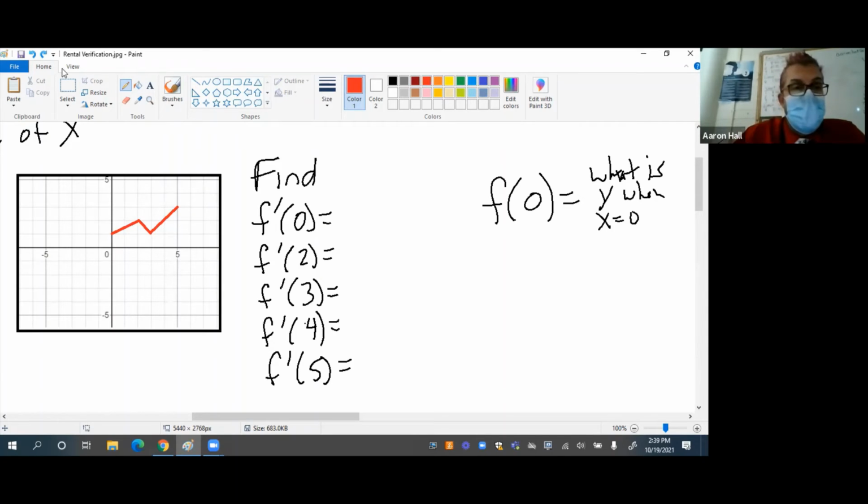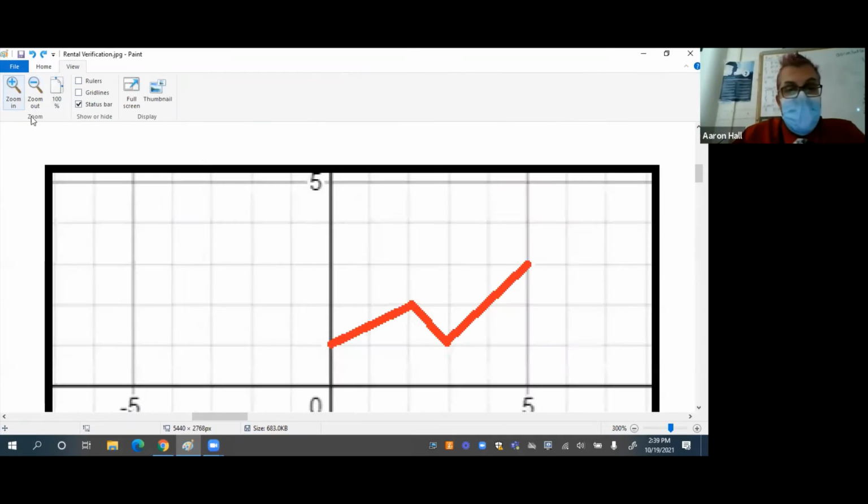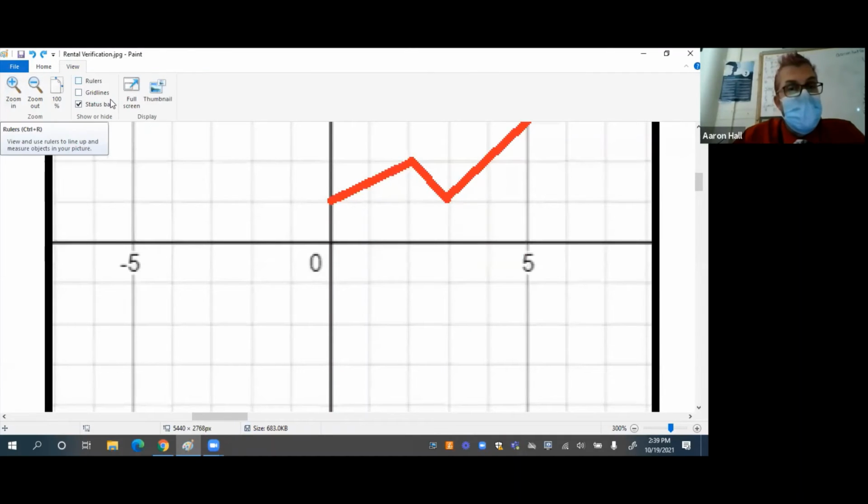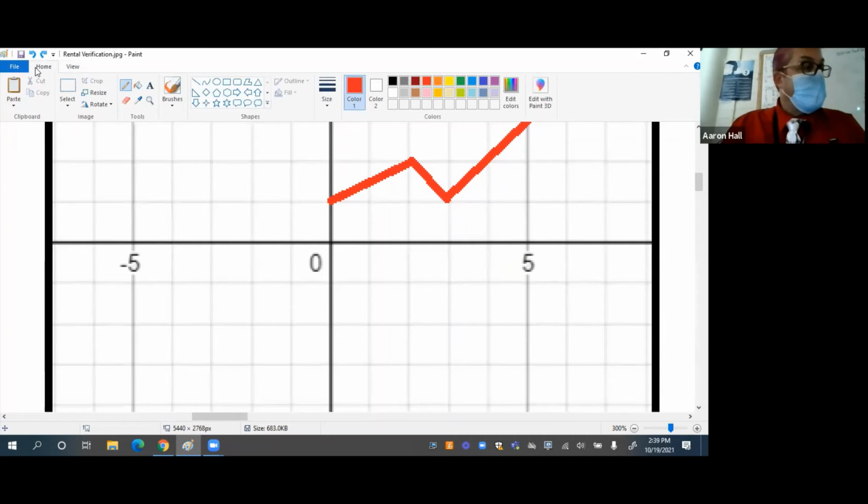So what is the slope when x is 0? Would it help if I zoomed in? What is the slope when x is 0? Yeah, it's 1/2. How do you calculate slope? Yeah, rise over run. Well, you're absolutely correct.